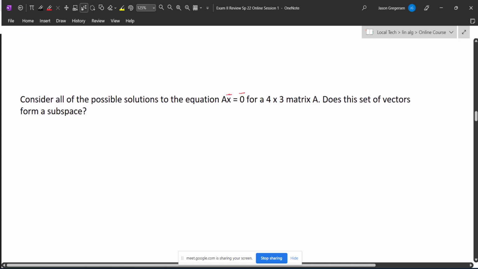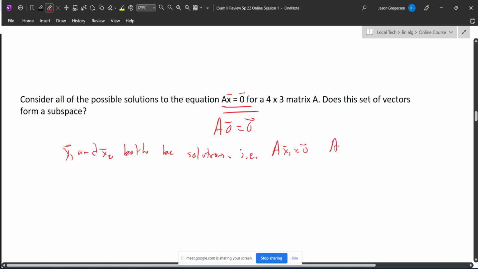However, if we look at the solutions to AX equals 0, this will form a vector space. We can see that 0 is a solution, therefore 0 is in the space. If I let x1 and x2, these two vectors, both be solutions, any two solutions, i.e. if A times x1 was equal to 0 and A times x2 was equal to 0, then if we took the sum of any two solutions, any two vectors in our space, and added them together, would the sum also be a solution?